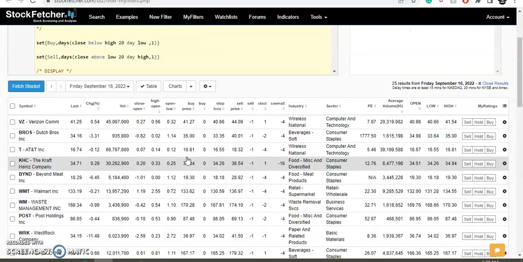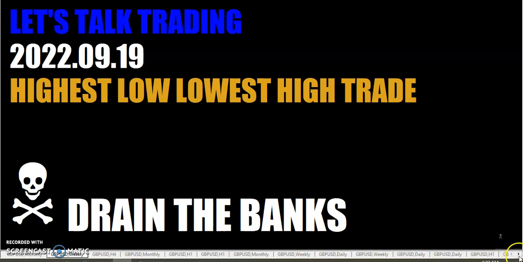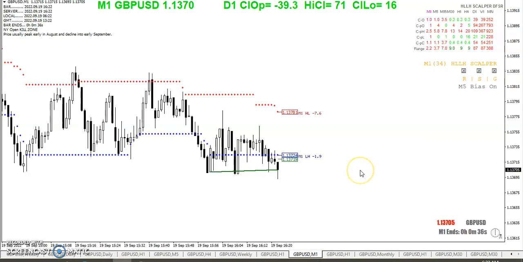Now, the thing about it is this is on the daily charts, so your question would probably be, does this work on the lower time frames? And the answer is yes, it does. I stripped off a bunch of indicators here, so you can just see the highest low, lowest high.